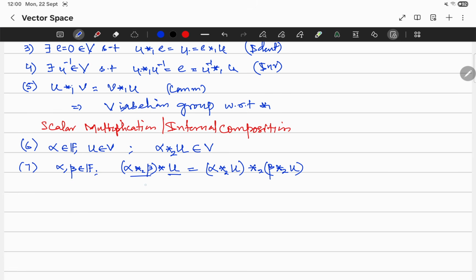And even you can use the star 1 as well here. Okay, if you will use the star 1 here, it will come the star 1.